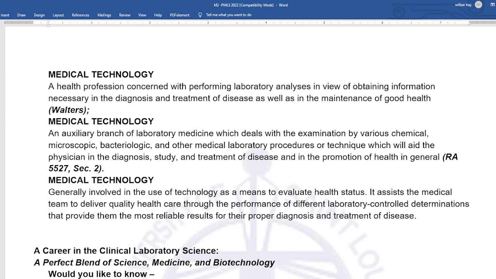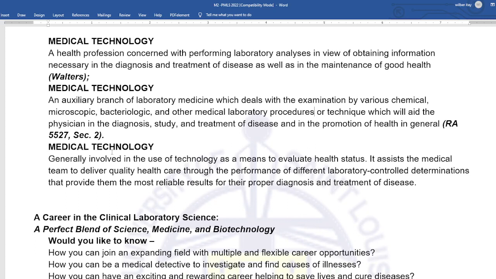So generally, medical technology is involved in the use of technology as a means to evaluate health status. Okay? So that is definitely true. We evaluate health status. Okay? But of course, we do not make the diagnosis. It assists the medical team to deliver quality healthcare through the performance of different laboratory control determinations that provide them the most reliable results for their proper diagnosis and treatment. Okay?